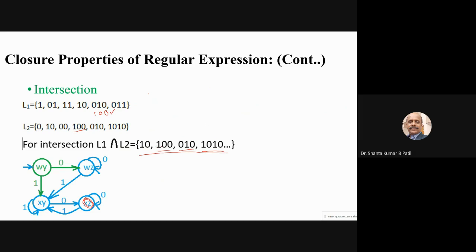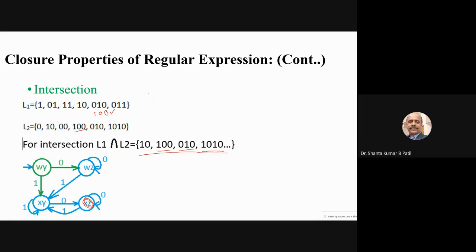It has to accept 1 0 0. So from the initial state xy, 1 goes to wy, 1 goes to xy, 1 0 goes to xz, next 0 goes to xz. Hence 1 0 0 is also accepted. It takes us to the final state xz.